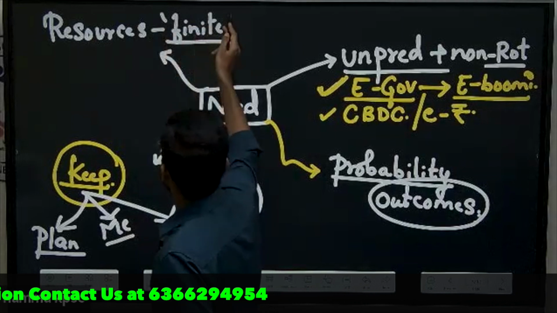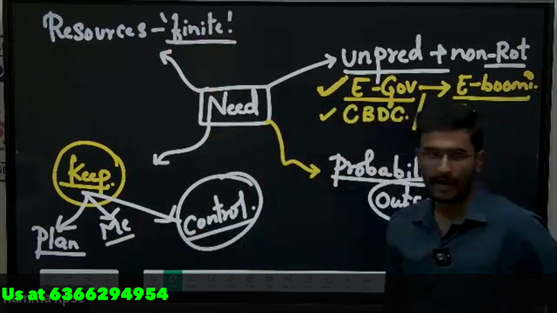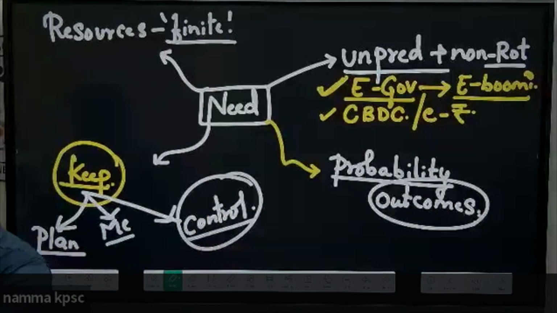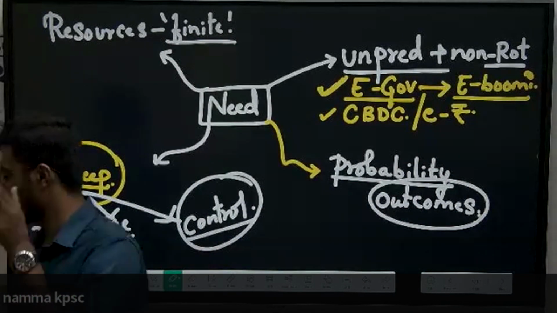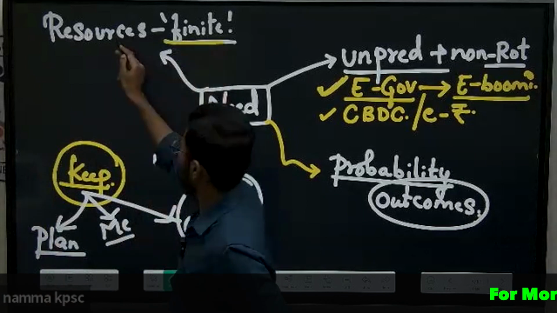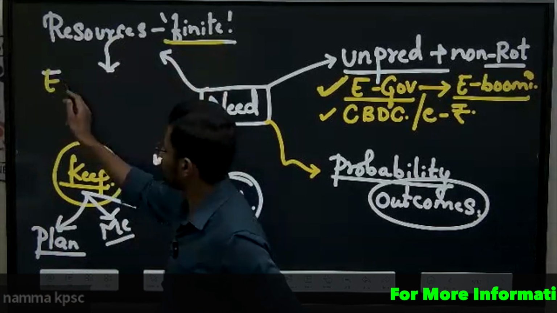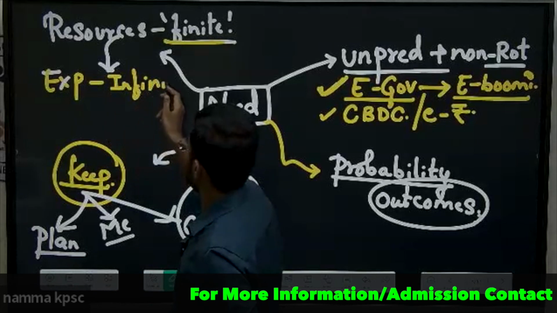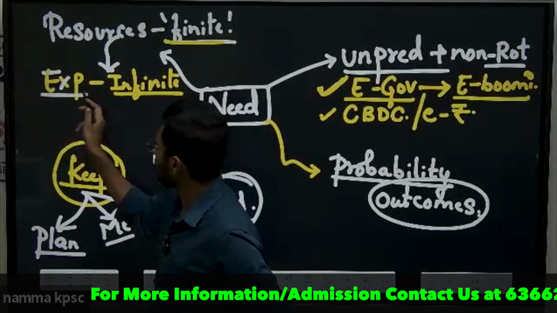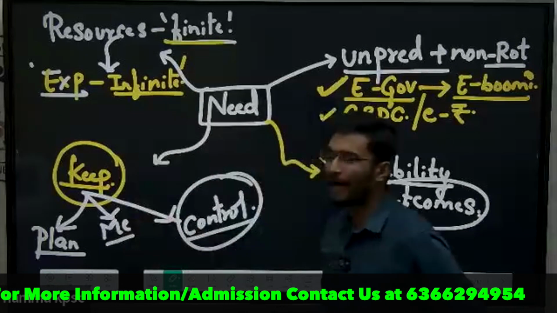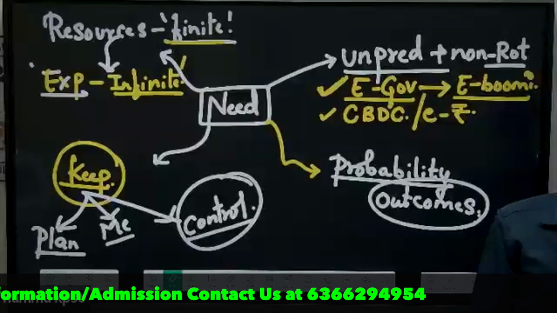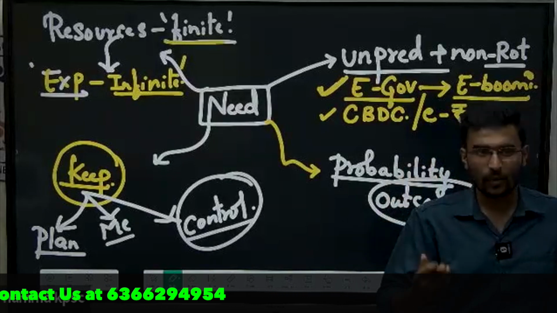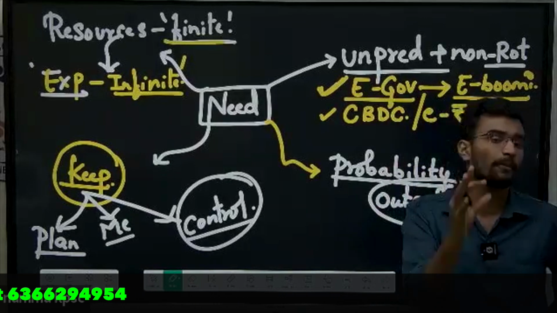Resources are finite in nature, and the reality is that we want to implement the resources effectively. Resources are finite, but expectations are infinite. To do this, we want to plan, we want to have tools, strategies, techniques and adequate blueprints.